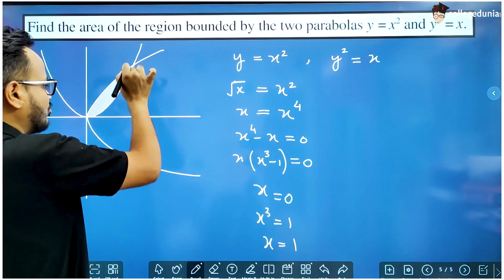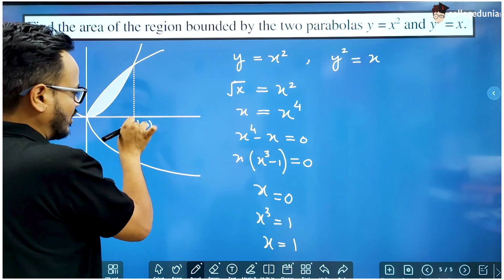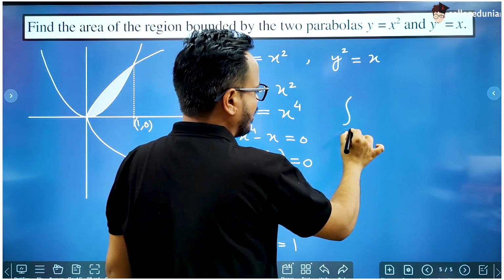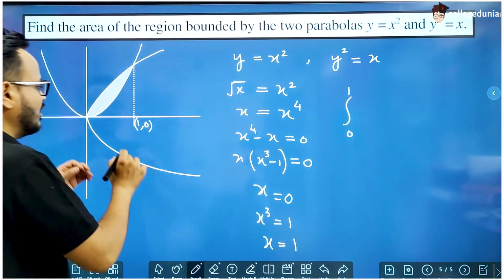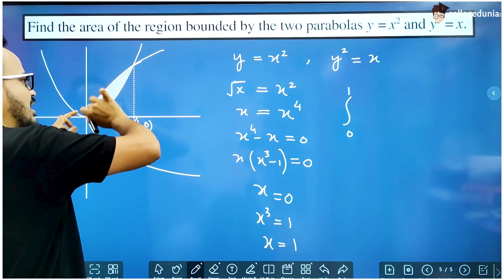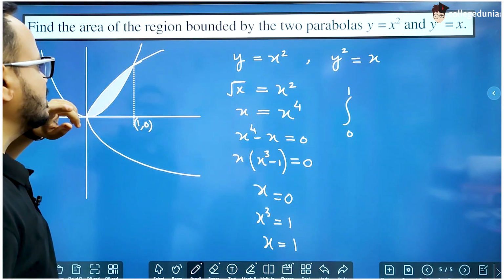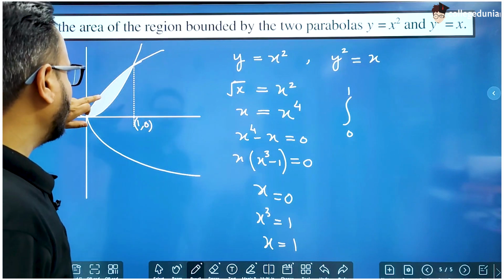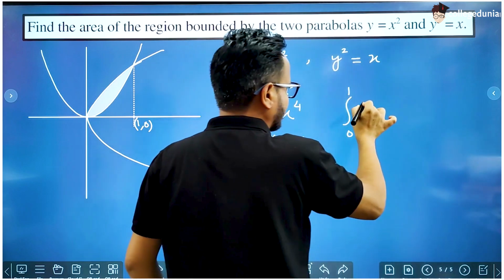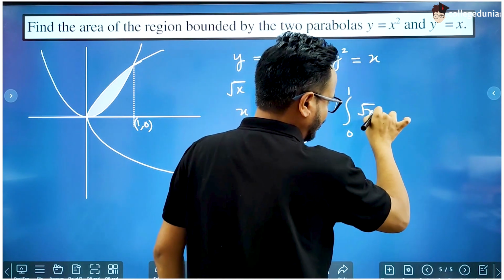So this point is 1 comma 0. If we integrate from 0 to 1, first let us put the y of the upper parabola. This parabola is this one, and y of this is root x.